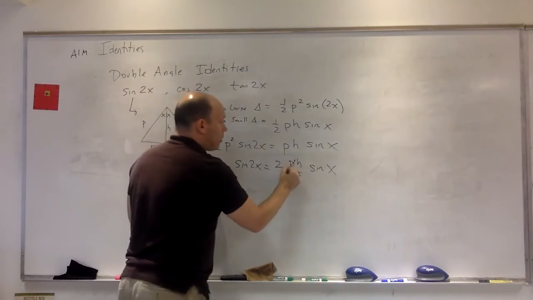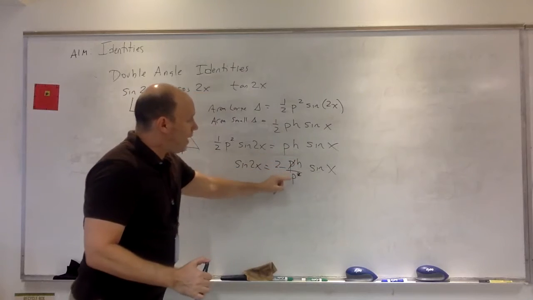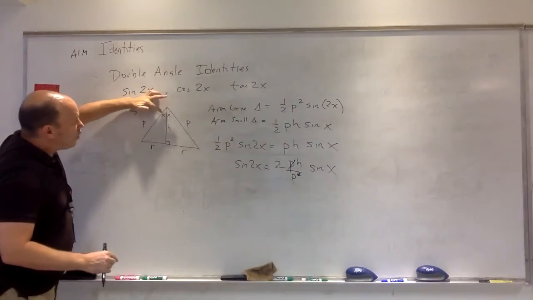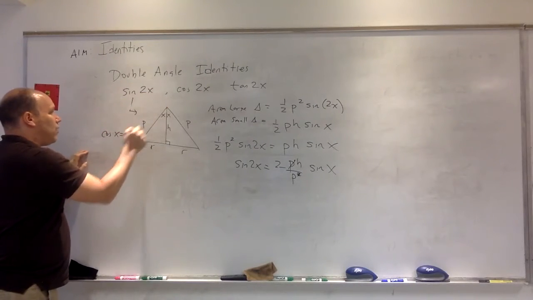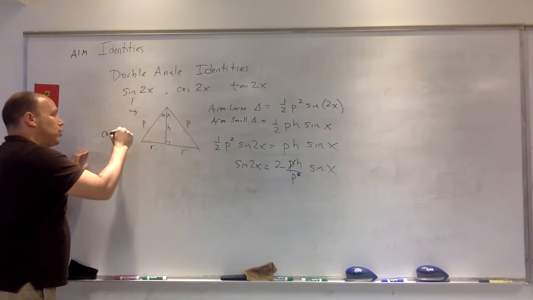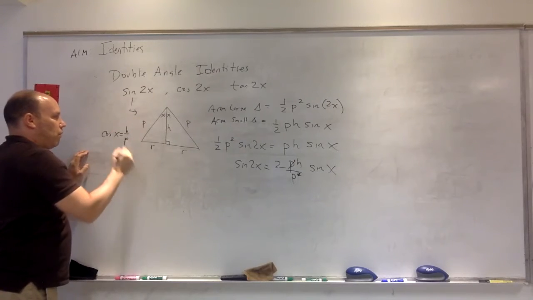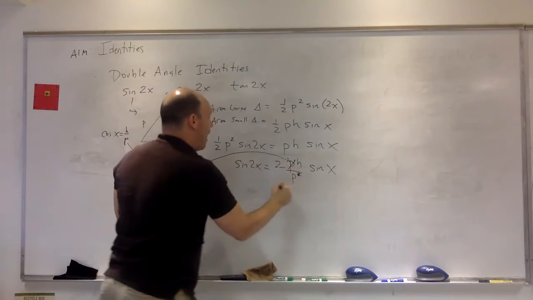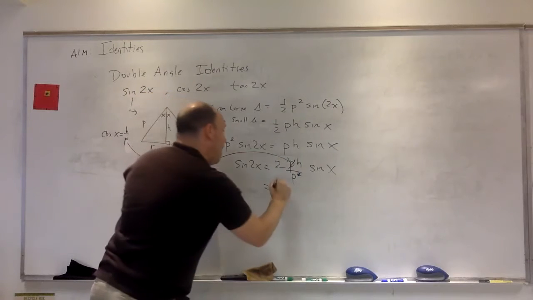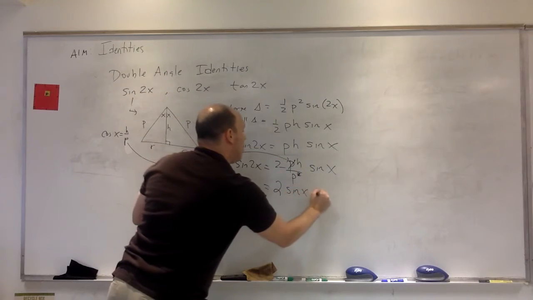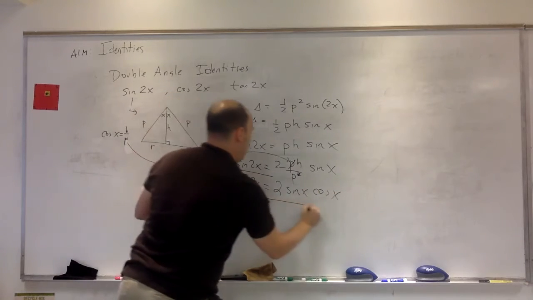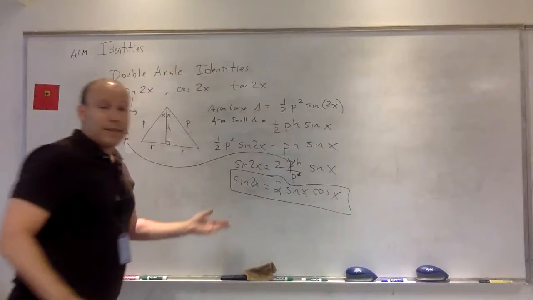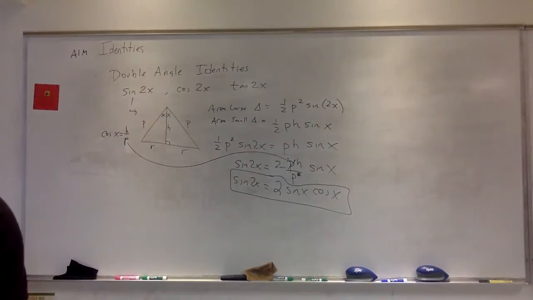So for example, they're going to say, if the sine of d equals 3/5, find the sine of 2d. And you're going to say, no problem, Mr. Adler. Let's say that d is in quadrant 1.